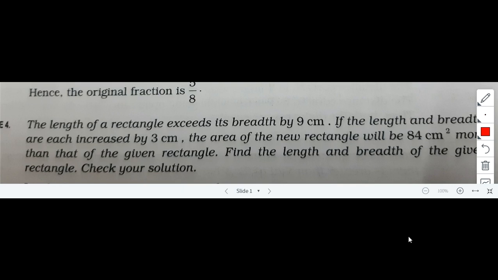A length of a rectangle exceeds its breadth by 9 centimeters. If the length and breadth are each increased by 3 centimeters, the area of the new rectangle will be 84 centimeters more than that of the given rectangle. Find the length and width of the given rectangle. Check your solution. Is that all they give you for the question?